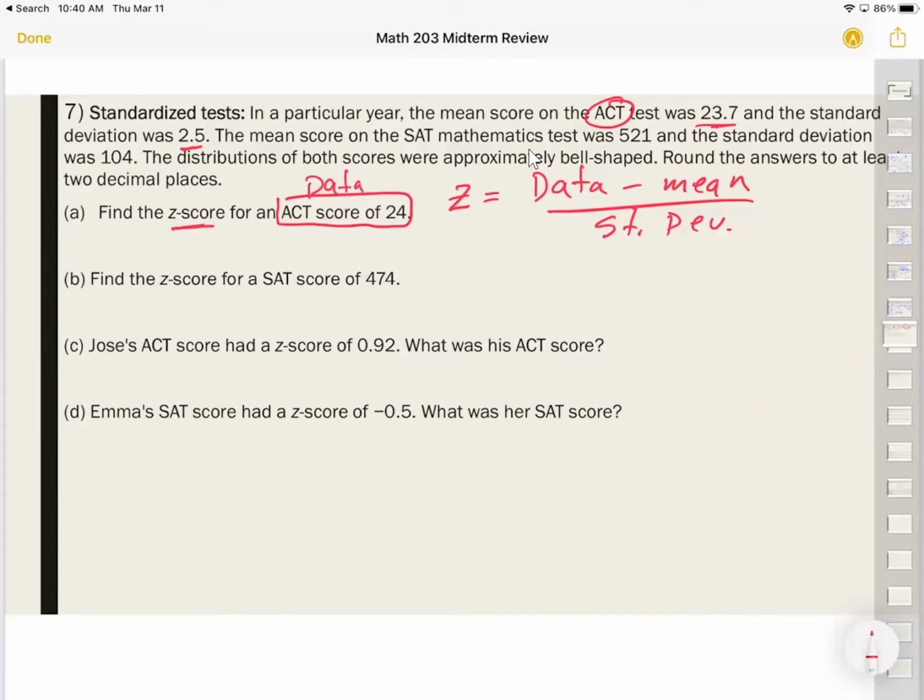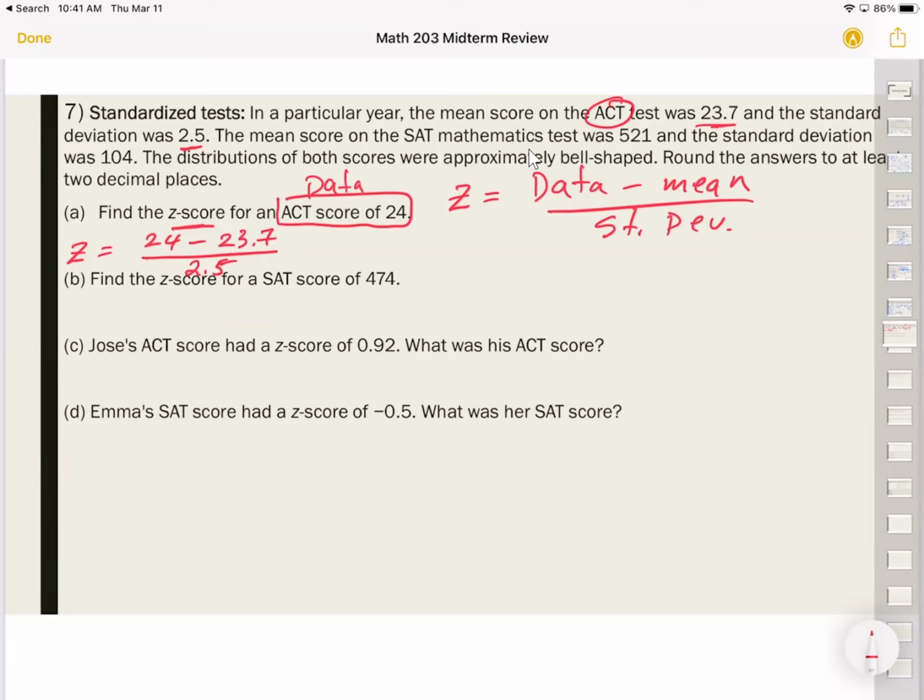To find this z-score, everybody see that all we need to do is take 24 minus the mean, which is 23.7, divided by the standard deviation, which is 2.5, right? Again, the data minus the mean divided by standard deviation. You can type it in your calculator and find your z-score.